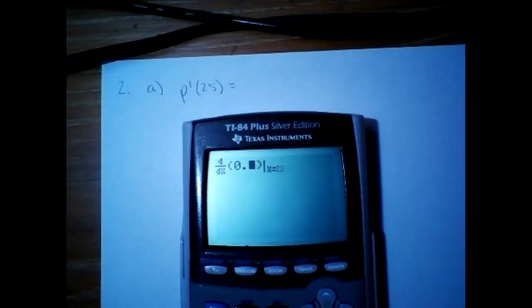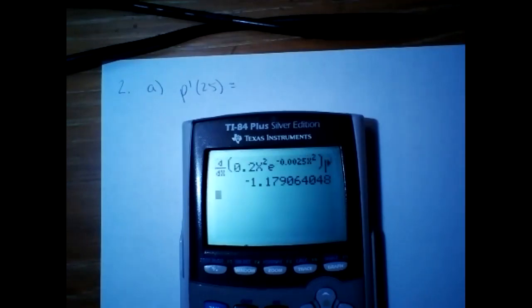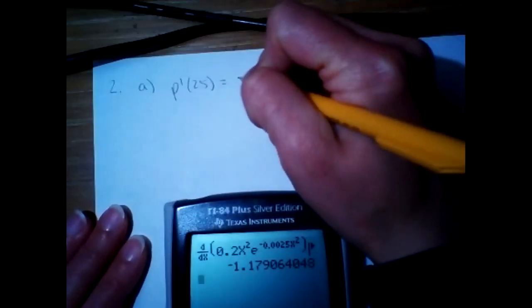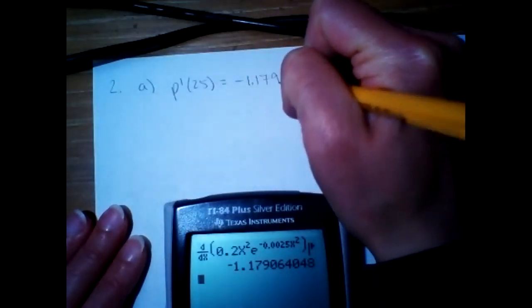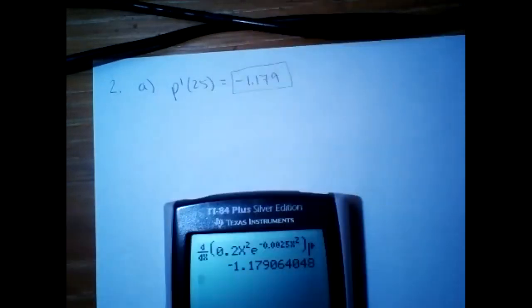It is 0.2 x squared, and then e to the power negative 0.0025 x squared. And we want to do this such that x equals 25, and that will give us our answer. So negative 1.179. All right, so that's what we get for the answer.